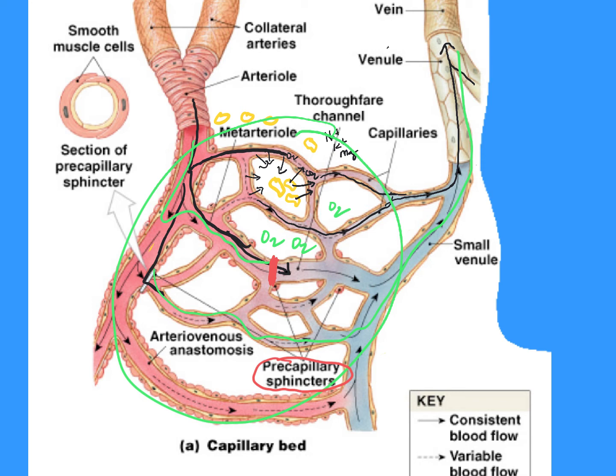And after some time, the pre-capillary sphincters will open up and blood will make its way through, and oxygen diffuses out again. So these pre-capillary sphincters are constantly contracting and relaxing to regulate blood flow through this capillary bed based on what the tissue's needs are.